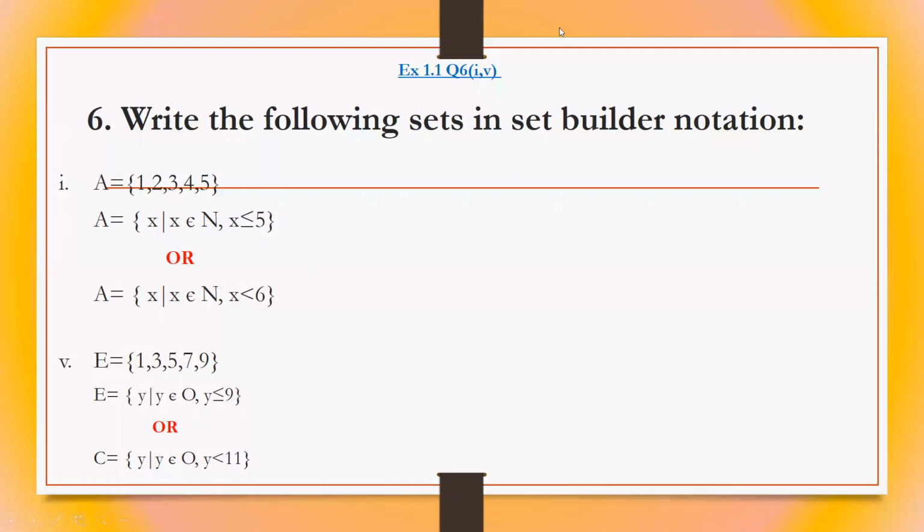Here I have written y, but it doesn't matter if you write x. Beta, "such that" is what we say, not subset. The only difference is that if you are using x, you write x in all three places; if you are using y, you mention y in all three places. Is it clear? Any problem? Anybody having any problem right now? Ask.